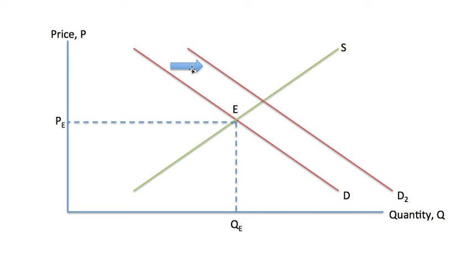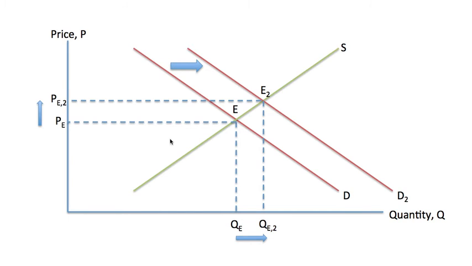This would be represented by a shift to the right of the demand curve. And what you will notice is that there's actually a new point of equilibrium now, and this new point has on its own a price and a quantity. So here we mentioned it as E2, and the price is PE2 and the quantity is QE2.